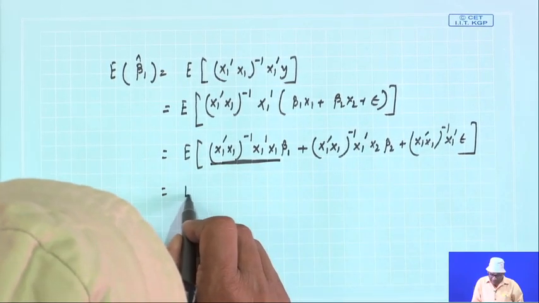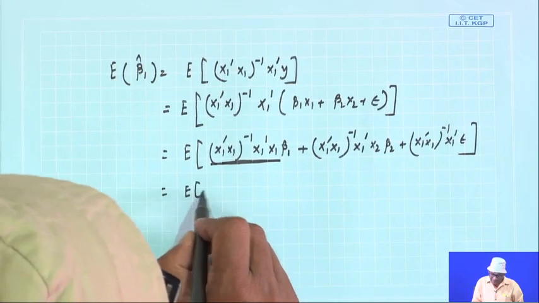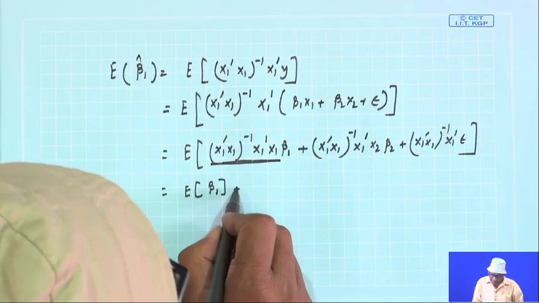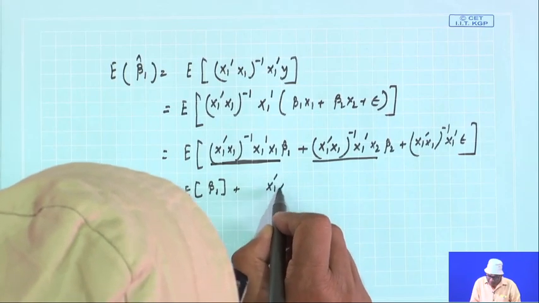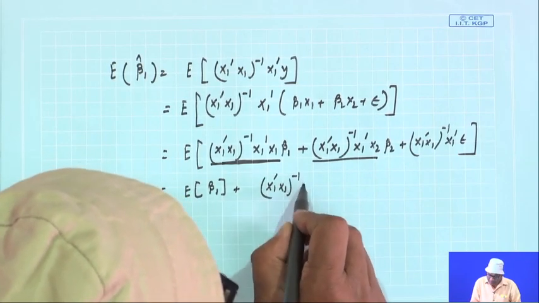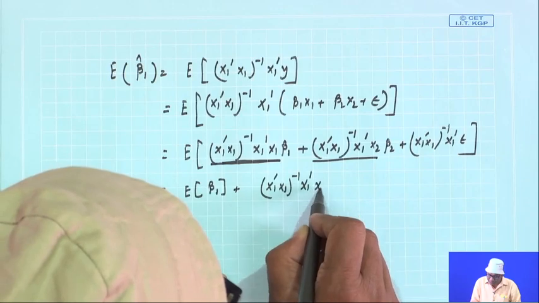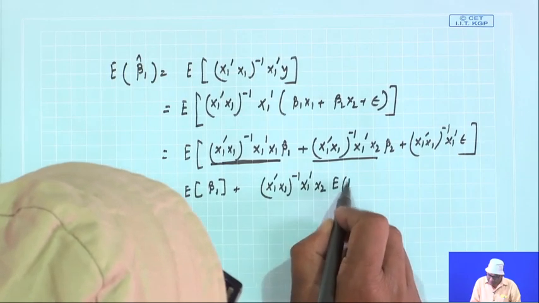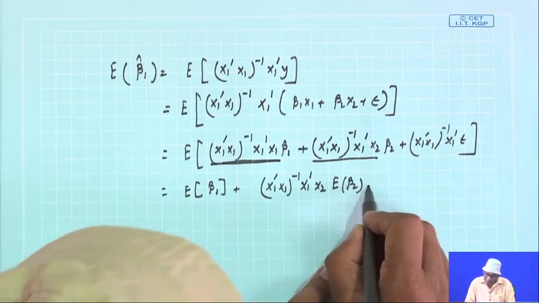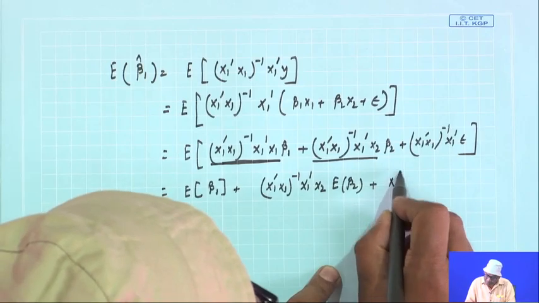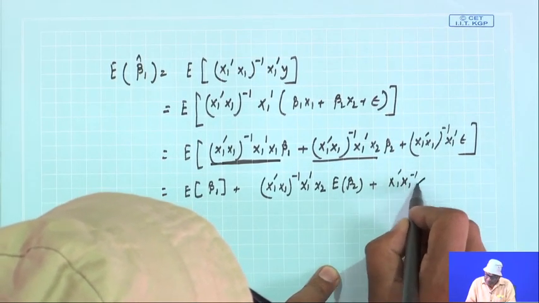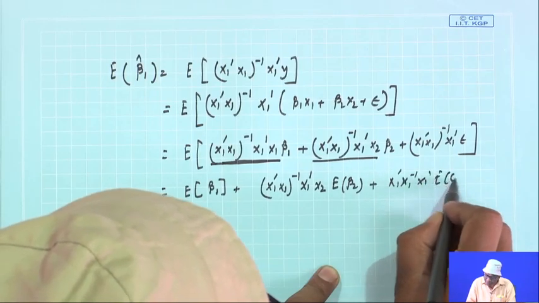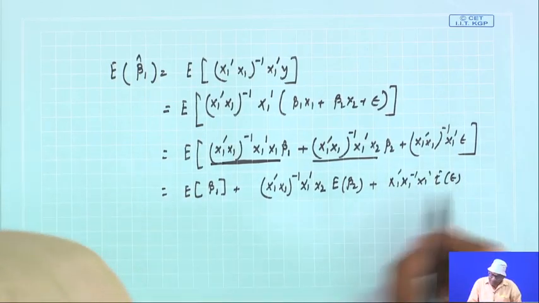So, x 1 transpose x 1 inverse into x 1 transpose x 1, this is I. So, you can write this as expected value of beta 1, plus this fixed quantity will come out: (x 1 transpose x 1) inverse x 1 transpose x 2 expected value of beta 2, plus (x 1 transpose x 1) inverse x 1 transpose expected value of epsilon. So, what will happen?